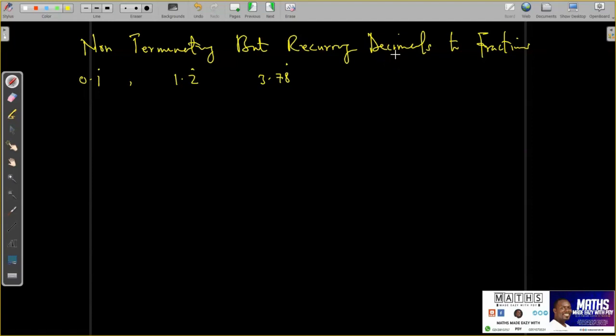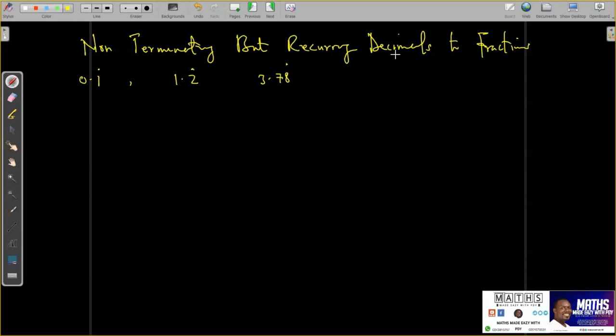So I believe someone would have asked, why is it that the whole numbers are not recurring? You can't have the whole number section recurring. It's only after the decimal point that you may see it recurring. That's why we are talking about recurring decimals and how to write them in a fraction form. We are going to take this aspect in 3 different categories. And what are the 3 different categories?